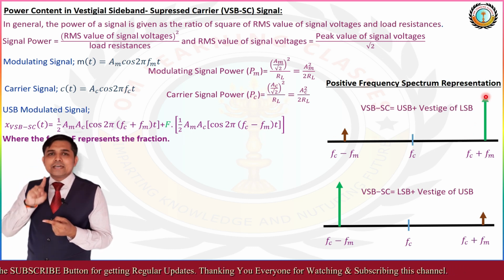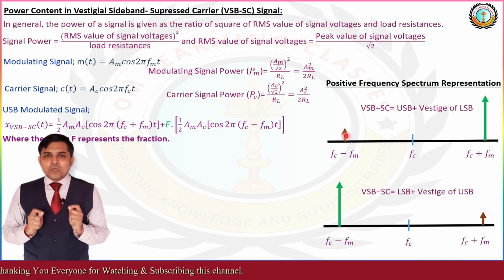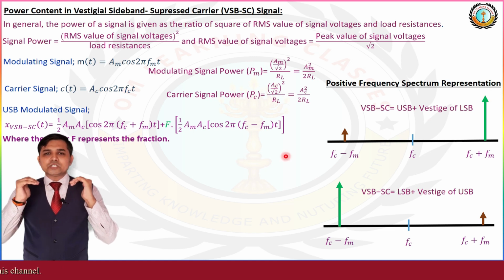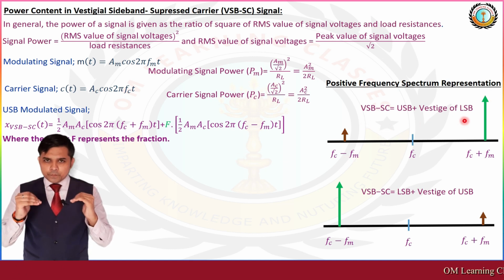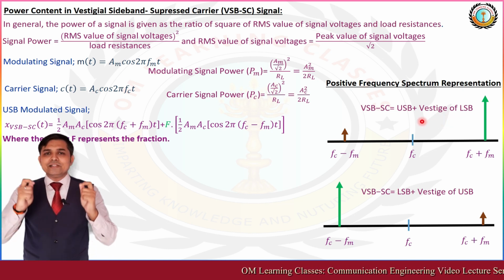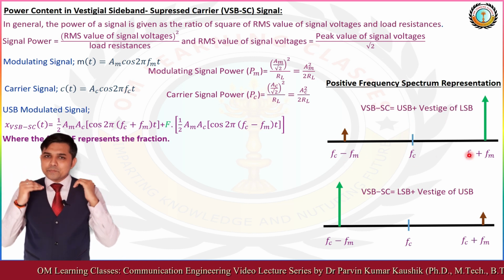This f represents the fraction value of the undesired sideband, corresponding to the vestige portion of this sideband, and that gives the gradual cutoff in the graphical representation.